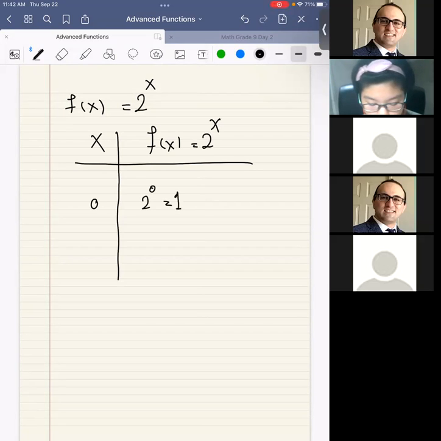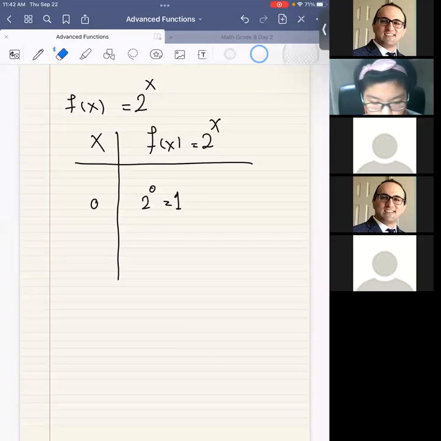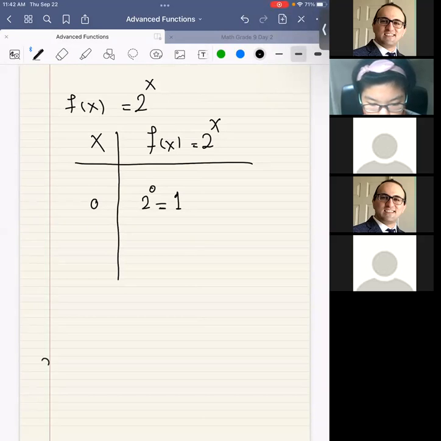1, yes. So remember that if you have any number like a, and the power is 0, a to the power 0 is just 1. So any number to the power 0 is 1. What if x is 1?